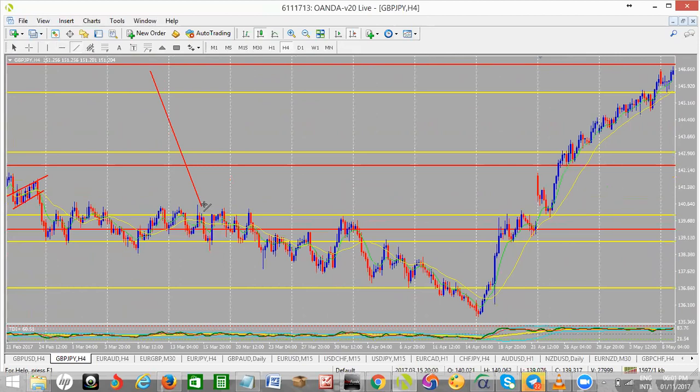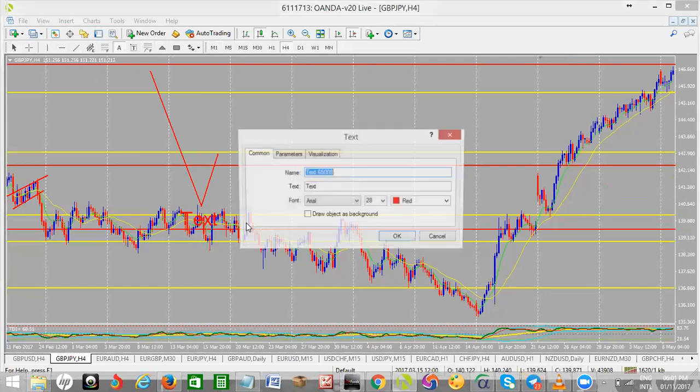I want to see a pullback, something like this. So I want to see a pullback to the upside. This is the pullback, and this becomes the impulse leg, and this becomes my A. That's my text too.